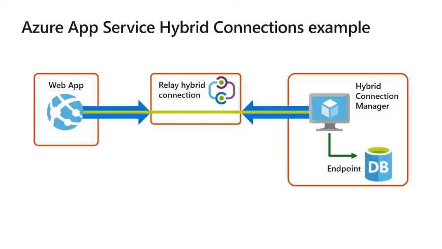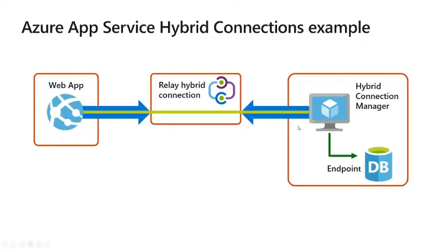The hybrid connection manager, or HCM, is a relay service that you deploy within the network hosting the resource that you are trying to access. So in the same network hosting, you have an HCM. Through the two joined connections, your app has a TCP tunnel to a fixed host port combination.